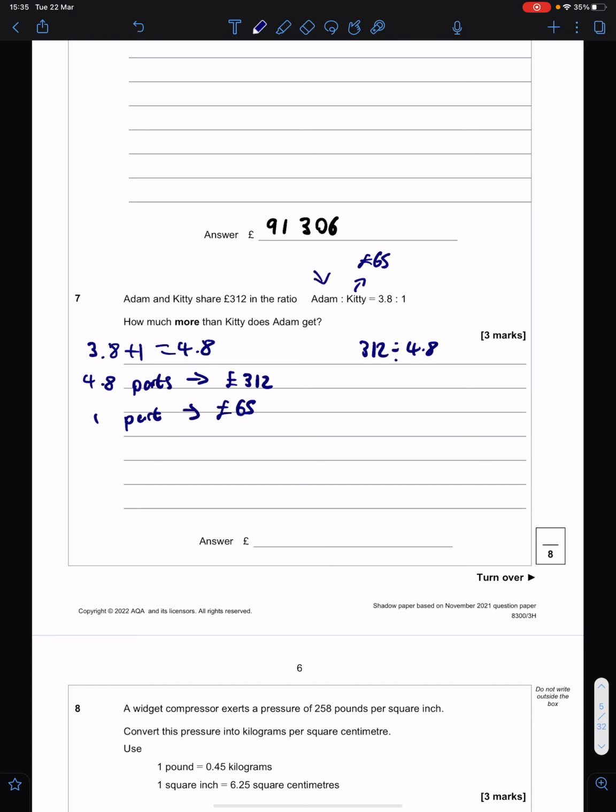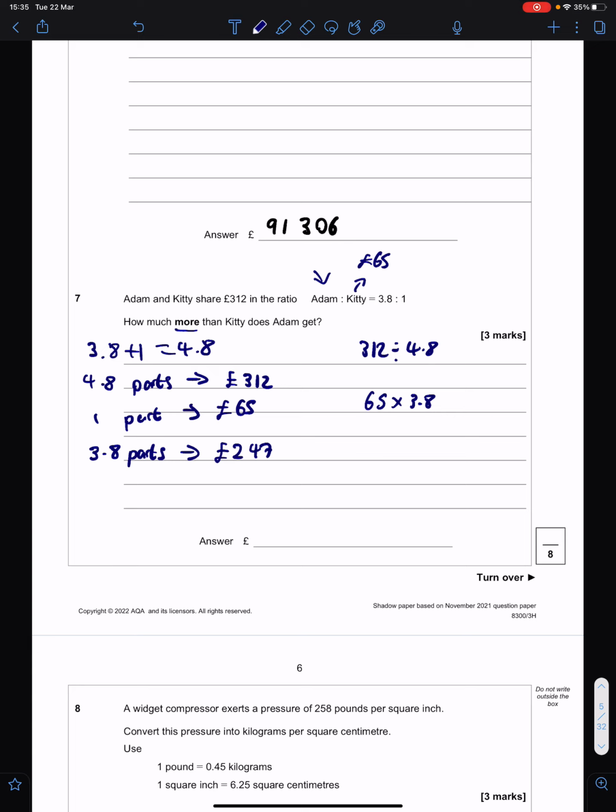And then Adam, he's going to get 3.8 parts. So 3.8 parts is going to represent 65 times 3.8. So just doing that on the calculator, and that gives 247. But the question was how much more?